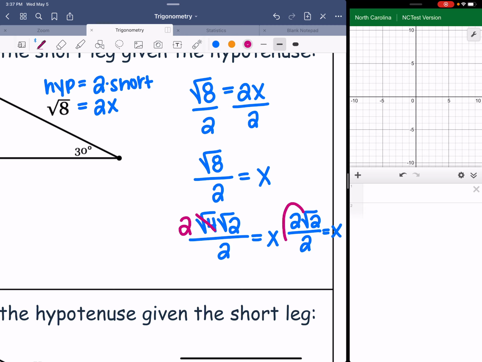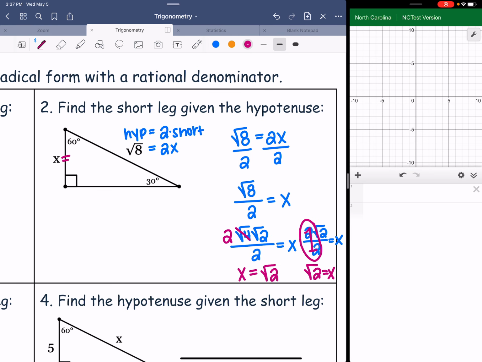And now 2 over 2 equals 1. So we end up with just a really fun answer. x just equals the square root of 2. Or, if you wrote it that way, square root of 2 equals x, because this equals 1. So the short leg is just the square root of 2.